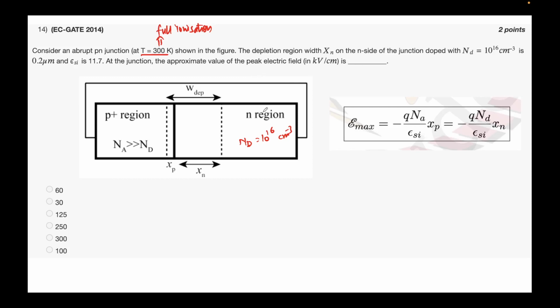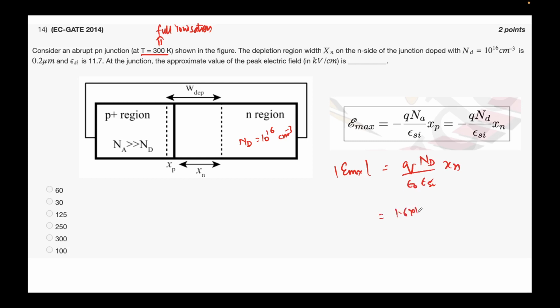So the peak electric field is given by this expression. It's in your slides. Let's just drop this sign here, and I'll write it as Emax. This will be equal to Q ND, because ND is known, over epsilon naught epsilon silicon times Xn.